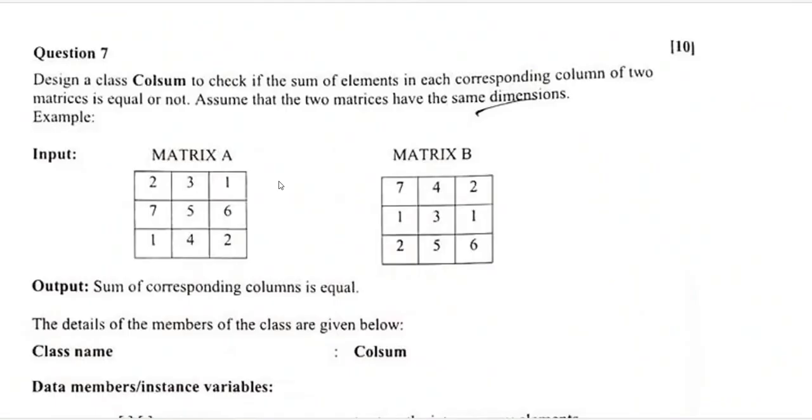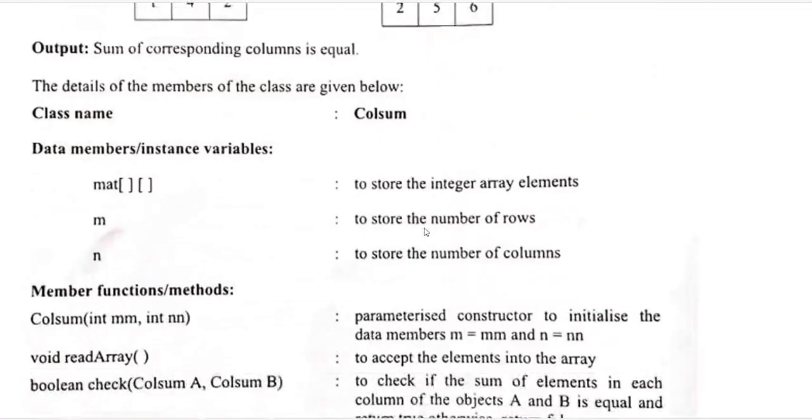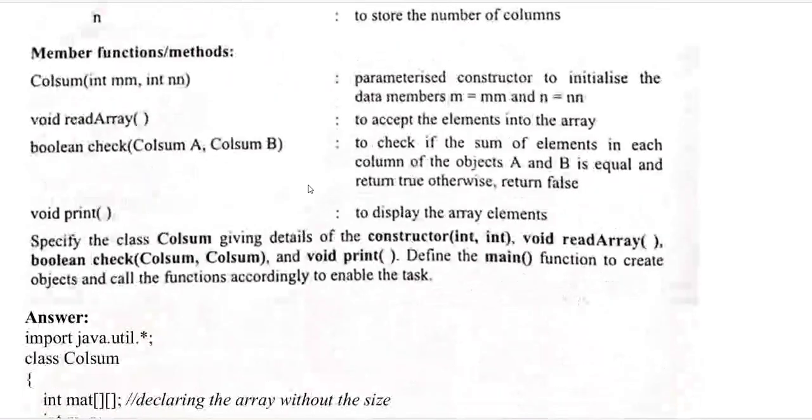This is a matrix program where it is asked, check if the sum of elements in each corresponding column are equal or not. This question comes with the object passing concept. I hope you all are aware of object passing. Object passing is where a function will receive objects as a parameter and it will work on the data members of those objects.